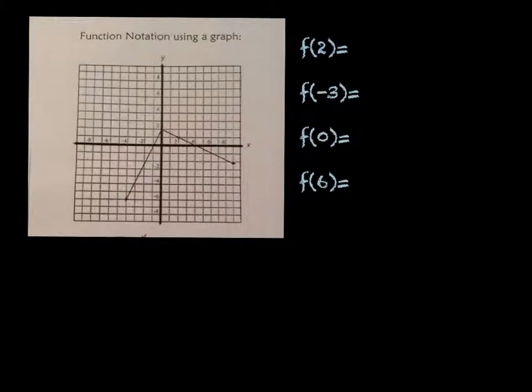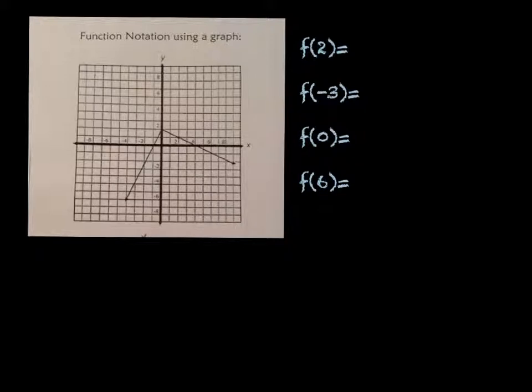Okay, so now let's look at using function notation with a graph. As you see here on the left, I have a graph. This is a function; if I run the vertical line test, it passes. And over on the right, I have different values put in for x that I'm going to evaluate.